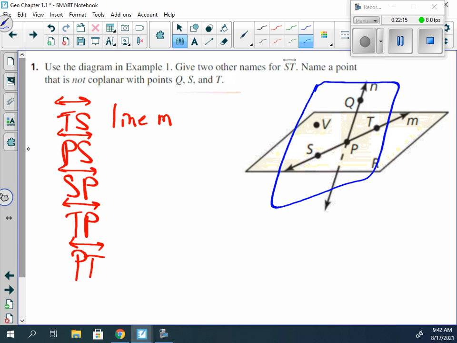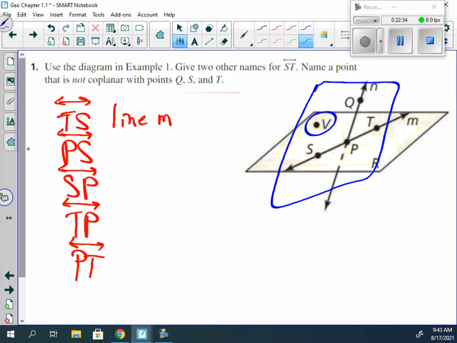It's very tempting, because until I read it, I was like, okay, this is going to be easy. It's going to be Q because it's not on the plane, but it didn't actually picture it. So what we have is this here, and V is outside of it. We essentially created a plane going straight up and down.